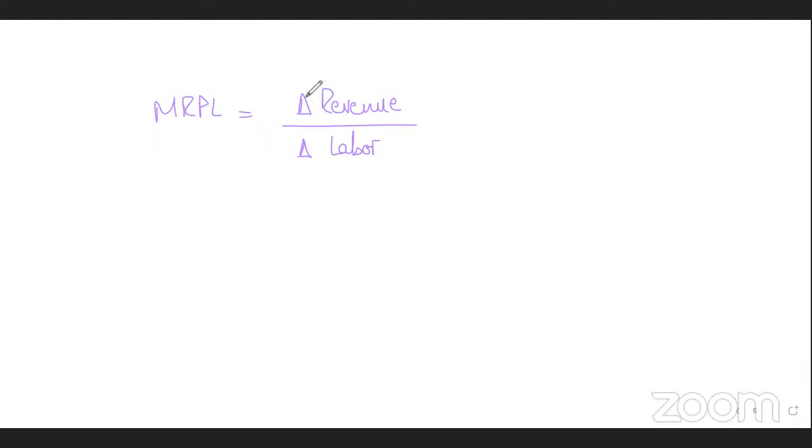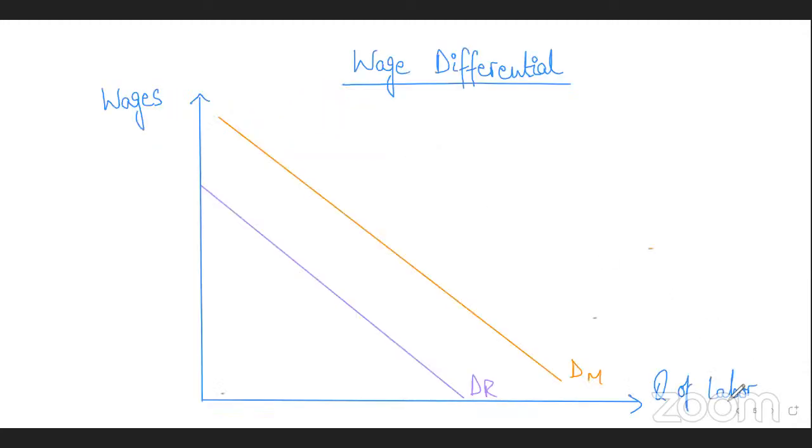But again, the idea is that the revenue that managers can generate for the company is much higher than what a receptionist would generate. And therefore, what you have written is the second part of it, right? That if a person is more valuable, valuable in terms of what? In terms of revenue, right?